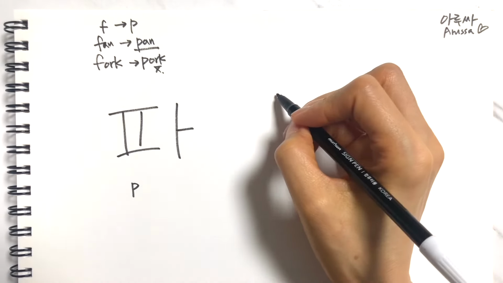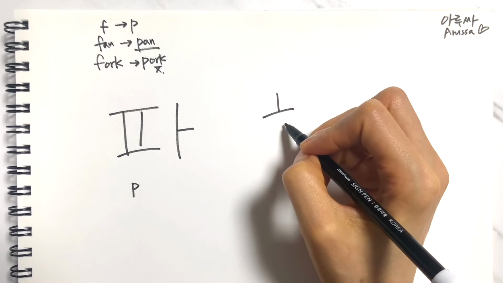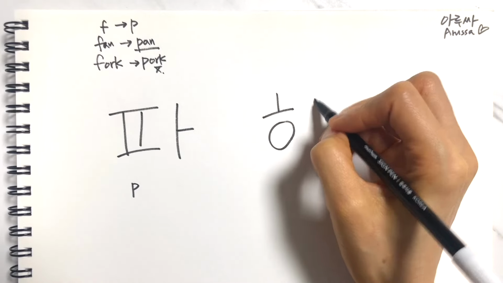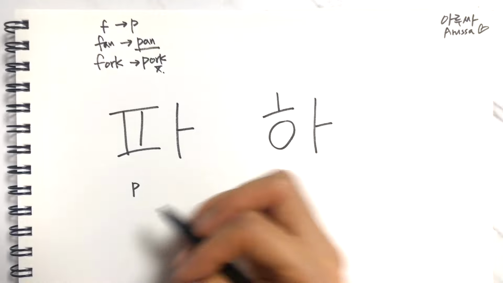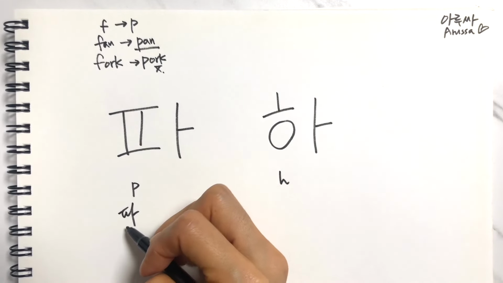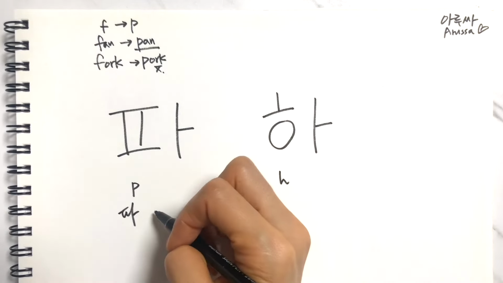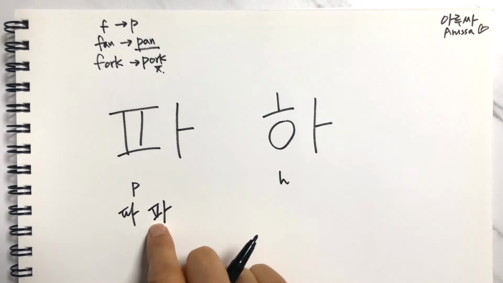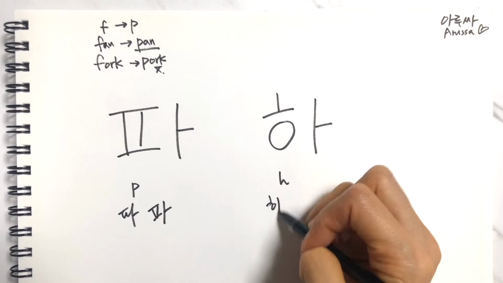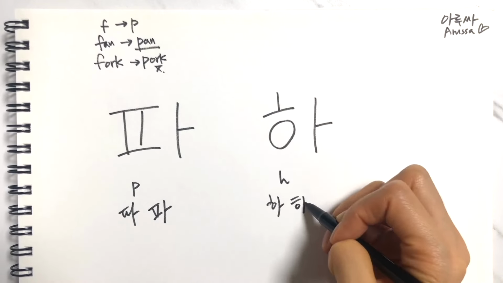And the last consonant, ha, 히읗. 1, 2, 3. Which sounds h. Oh, I didn't put it here. Some people write pa this way. Some people write it this way, right? And ha, some people write this way.